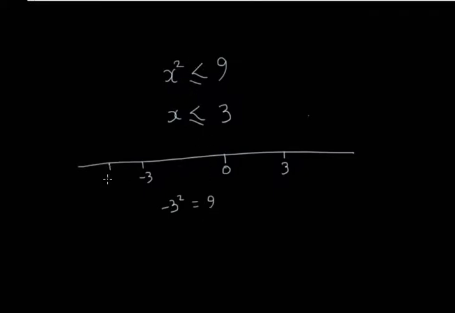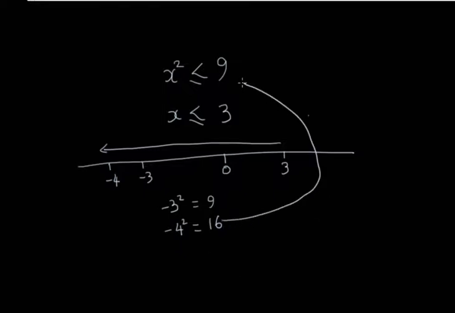What about minus 4? Minus 4 is still less than 3. Every number that goes down here on the number line is less than 3, but minus 4 squared equals 16.